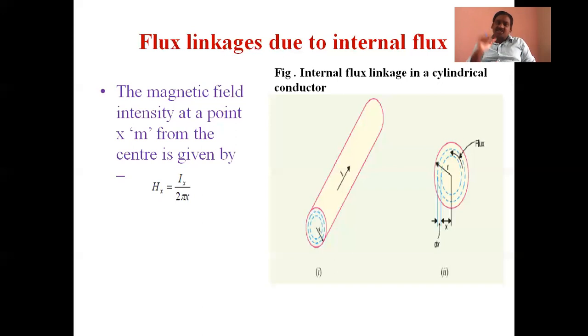And Ix is the current flowing through the differential length of the conductor over an x meter distance.